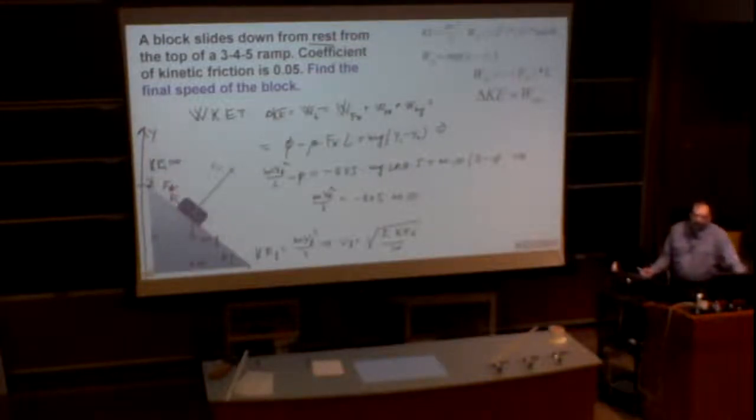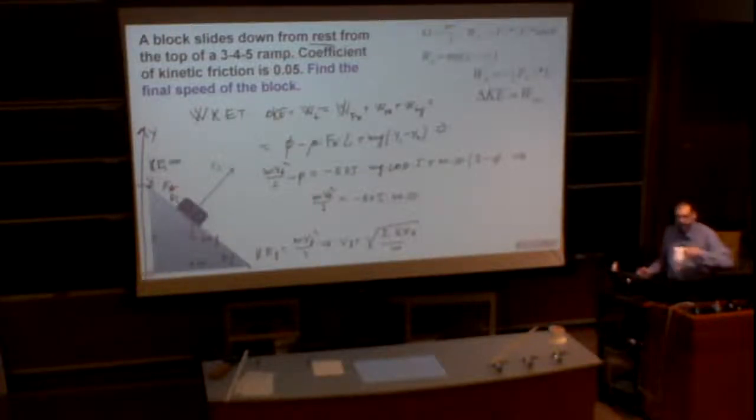So how can we calculate the cosine of the angle of the incline of this plane? Way too complicated. That's our ramp, 3, 4, 5. That's the angle. I don't need the angle. All I need is a cosine of that angle.